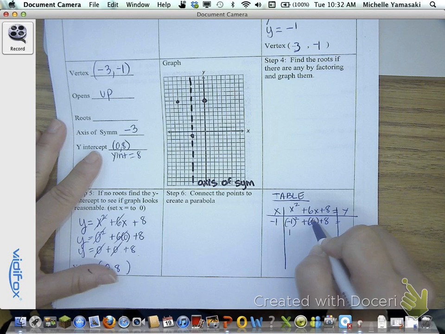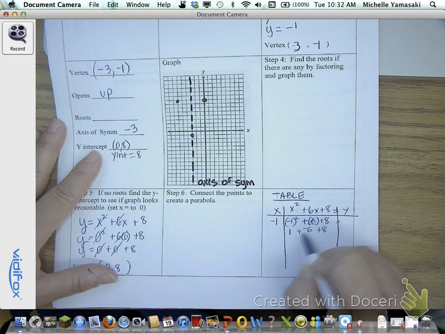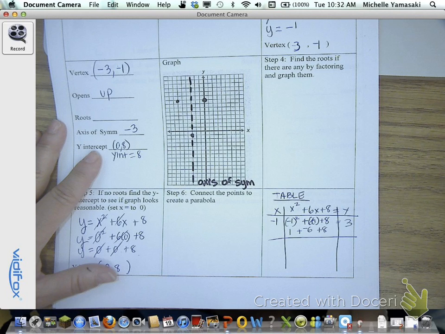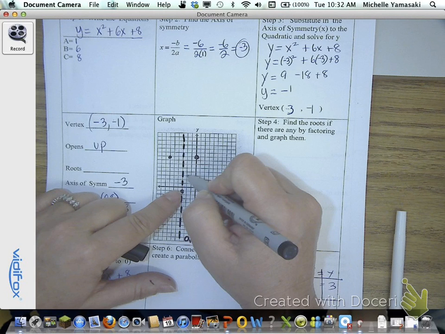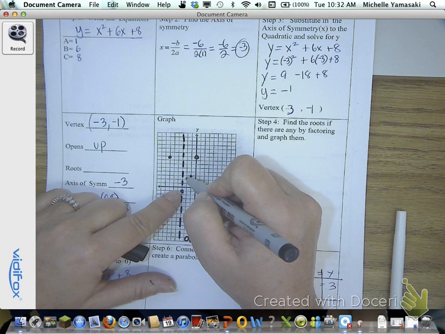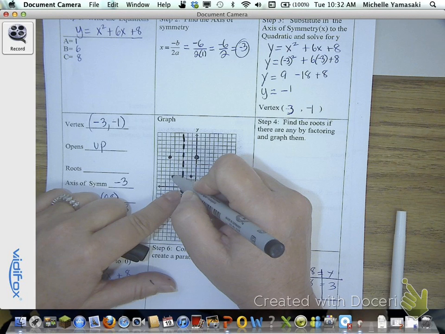So here's another point that I can use for my quadratic. I have negative 1, and I'm going up 3. 1, 2, 3. Now again, I have its mate on the other side of the axis of symmetry. So if I'm 2 units, I can go 2 units to my left. And now I can draw my quadratic.